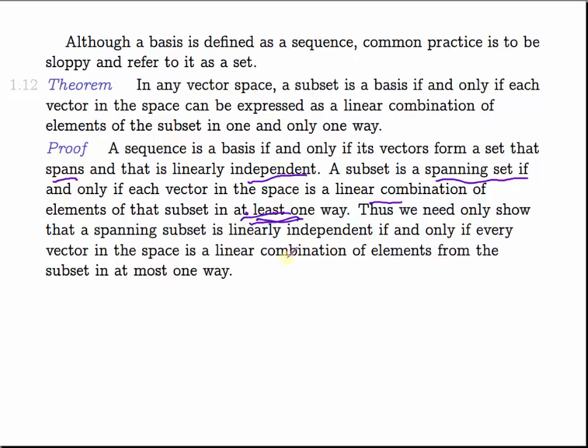Thus, we need only show the spanning subset is linearly independent if and only if every vector in the space is a linear combination of elements from the subset in at most one way. Spanning set means at least one way. If I can show linear independence is equivalent to at most one way, then I have the equivalence of these two notions.